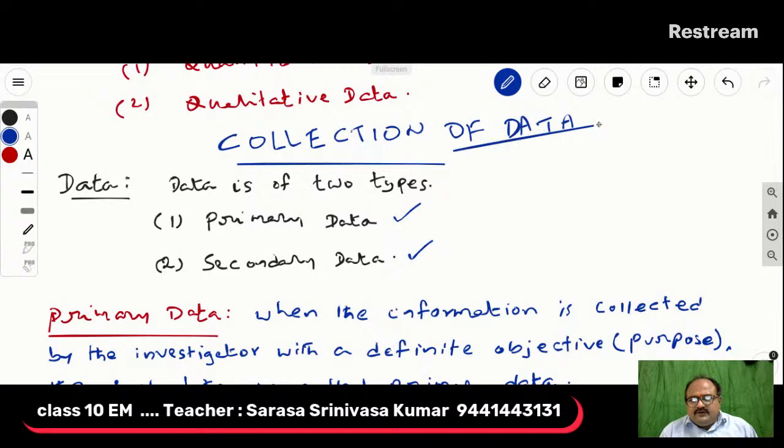Next, we try to understand the presentation of the data.